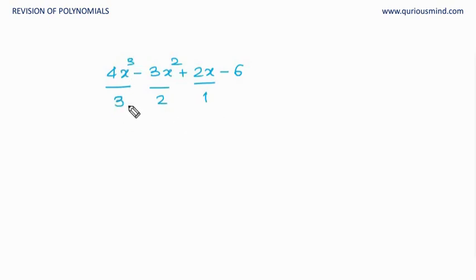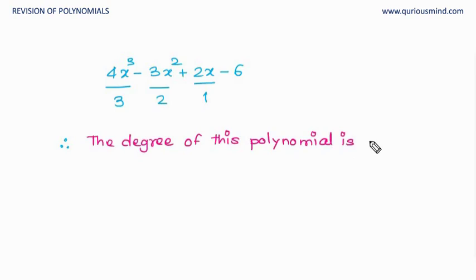Whichever is the highest power of that variable, it is called the degree of this polynomial. Therefore in this case we will say that the degree of this polynomial is 3, because that is the highest power of the variable.